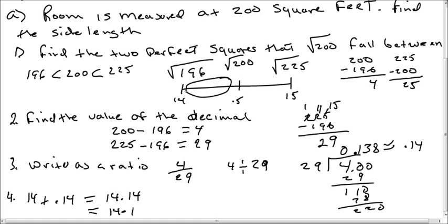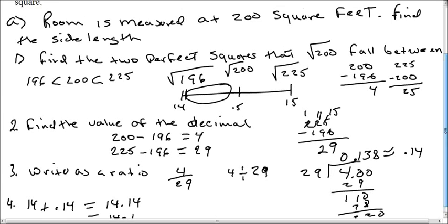So as you see, pretty much the same thing that we have here when we guessed, but this is a more concrete way of doing it. That way you can see a little bit more work, but a little bit more concrete work. So again, the approximate value is 14.1.